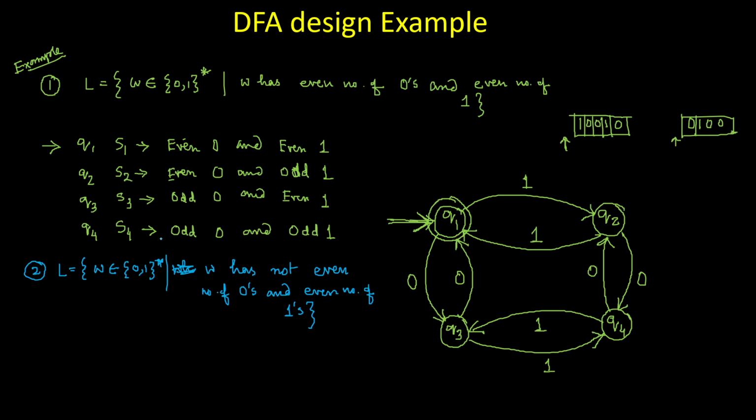I am only saying that it is not even 0, even 1. So if you are in this state, you are wrong. If you have a string, after reading its symbols, if the finite state machine is in state Q1, then it is wrong. But if it is in Q2, then it is correct. If it is in Q3, then also it is correct. If it is in Q4, then also it should be correct. So the philosophy of transition from one state to another is not changing.